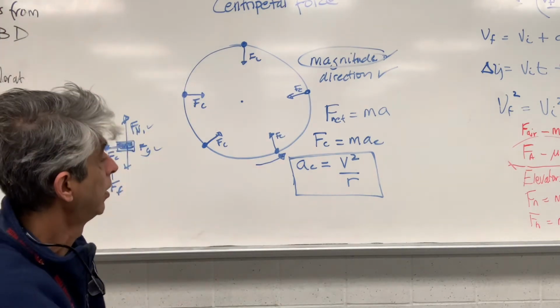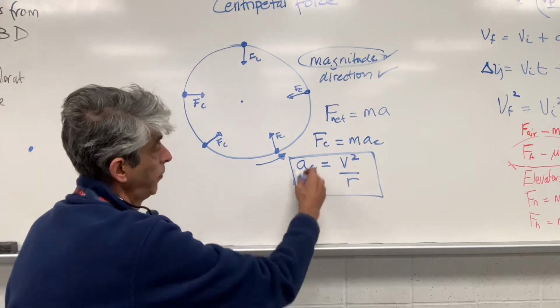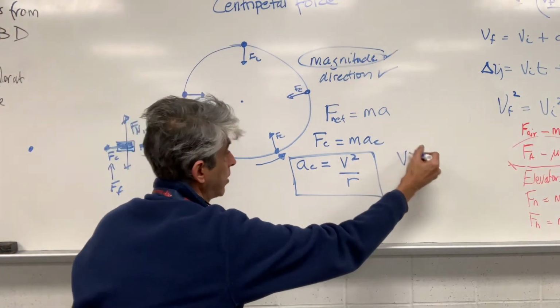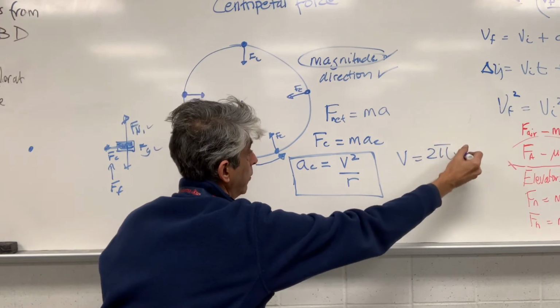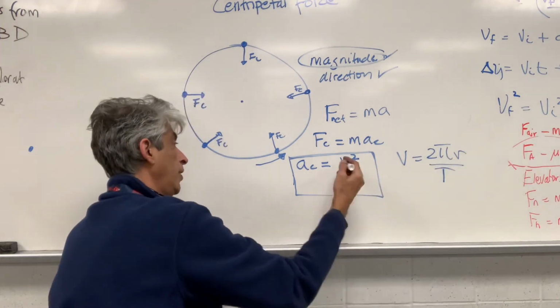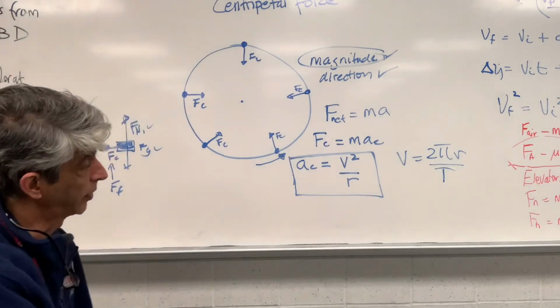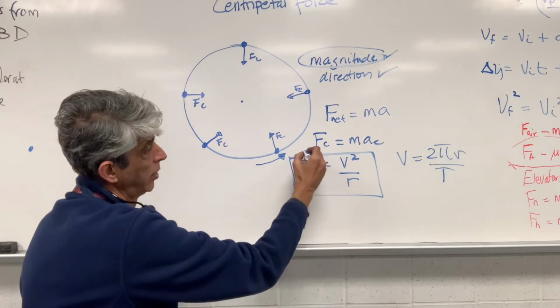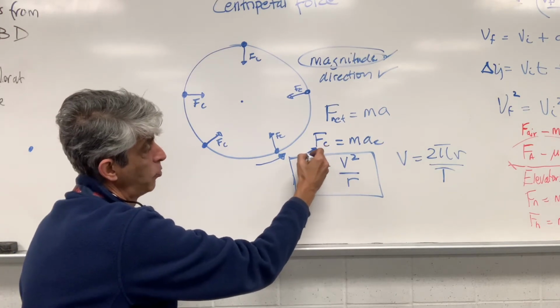And so here's a simple formula for finding the centripetal acceleration. Remember, we had a formula for finding the speed, which was 2 pi r over t. So if they don't give you the speed, you need to find it there, and then plug it in here to find the centripetal acceleration.